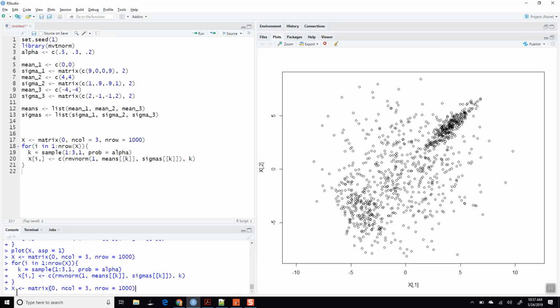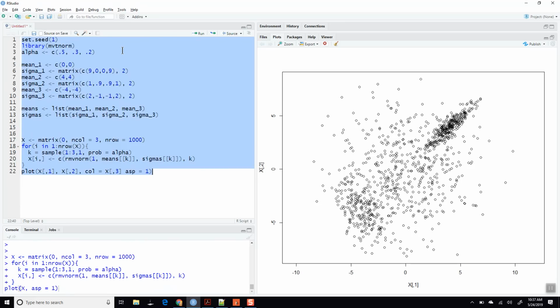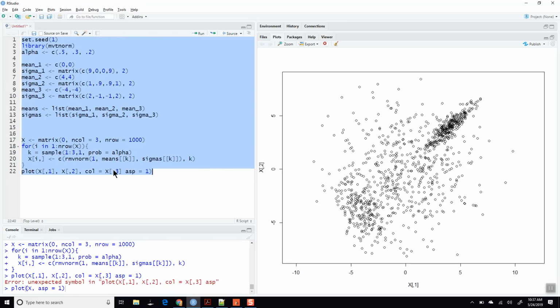And then when I plot it, we'll plot the first column by the second column, and then we'll say the color depends on k. I'm sorry, the third column, x comma 3. Okay, so let me go ahead and run this. I'm missing a comma. Thank you.